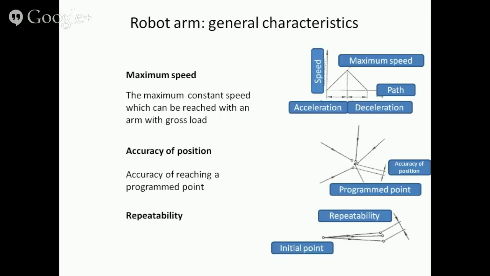Repeatability is the accuracy in reaching a point several times from the same initial point. This is the initial point here, and these are 3 points which are reached one after the other, and this amount is the repeatability of the system.